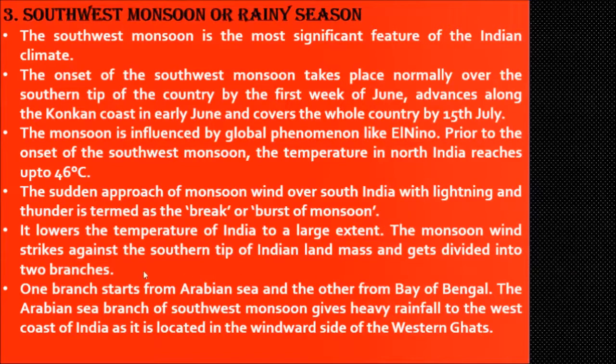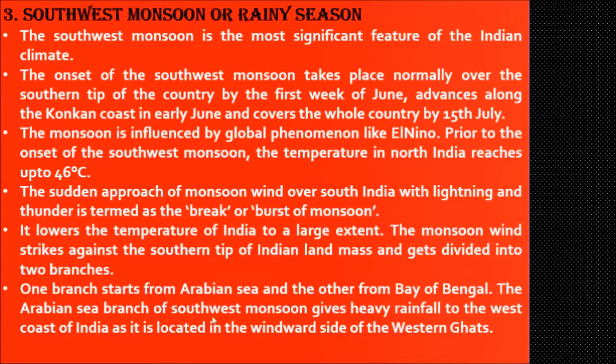The monsoon wind strikes against the southern tip of the Indian landmass and gets divided into two branches. One branch starts from the Arabian Sea and the other from the Bay of Bengal.